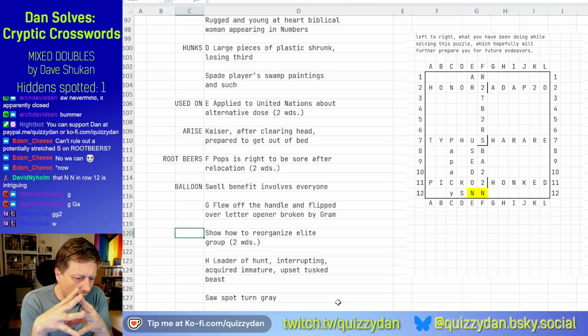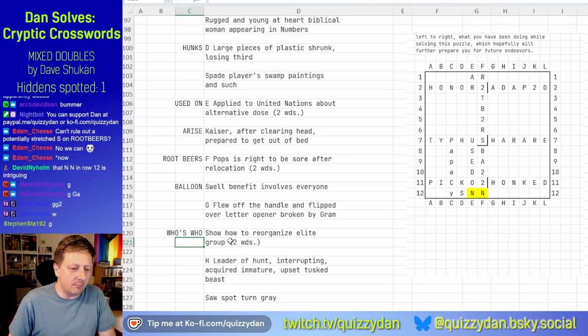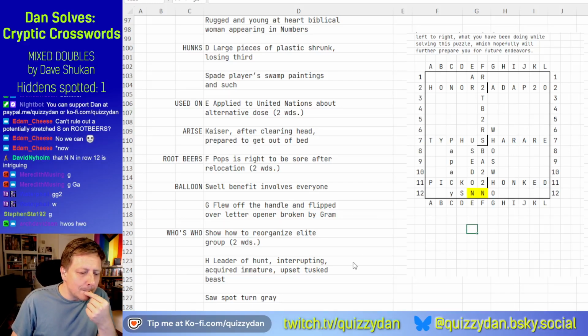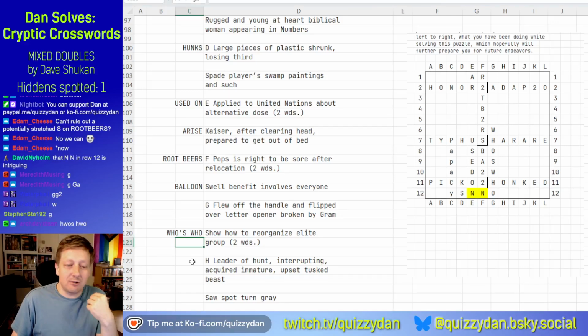And then we get an elite group. Who's who? Yes. So show how is being anagrammed, but isn't reorganised, and we get an elite group. Who's who? And I think that's going to have to go here. We don't know that W could be extended up there, but we know that who's who goes there at least. How's how? Where's where? What's what?